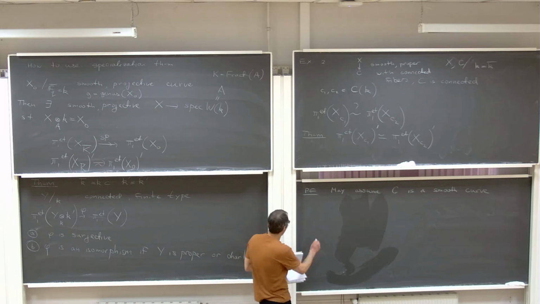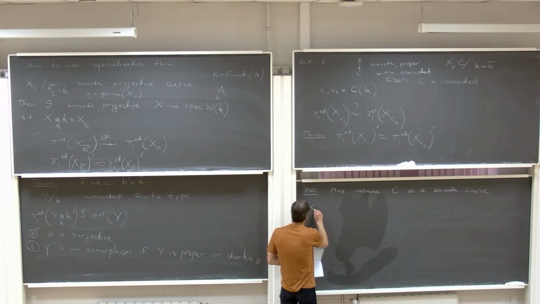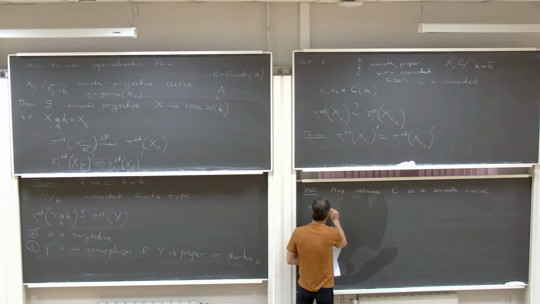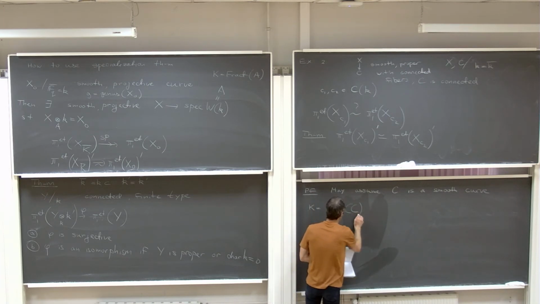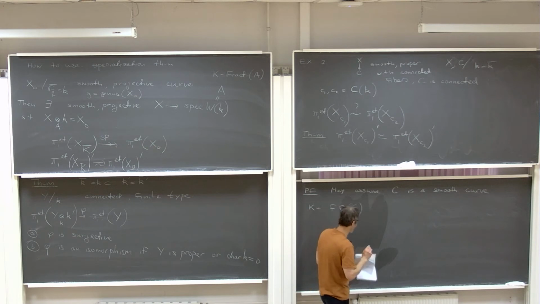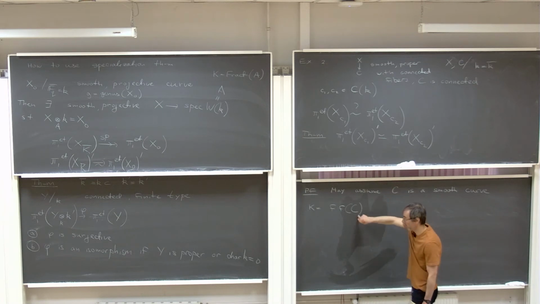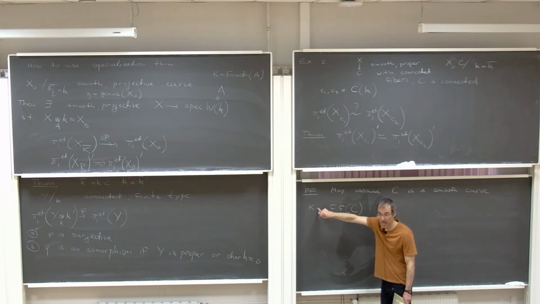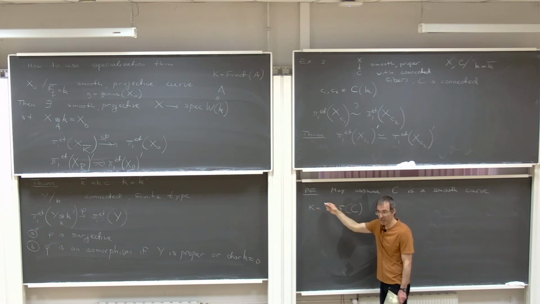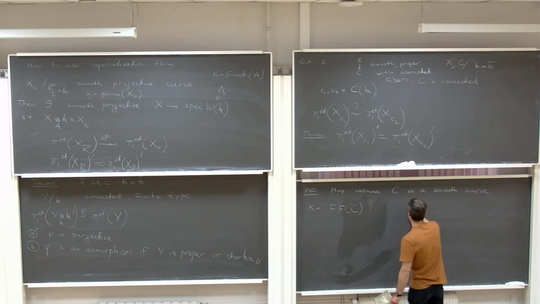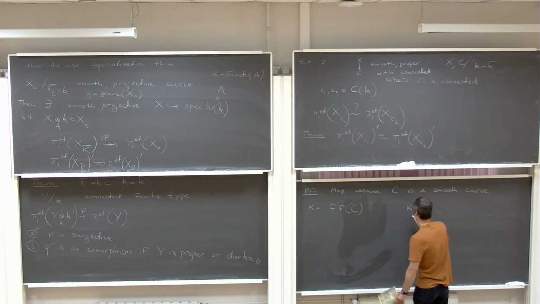Okay, so let's denote by K, capital K, the field of rational functions on C. Then every point on my curve defines a valuation on this K, right? The order of the rational function at this point, and I can take the completion corresponding to this valuation.